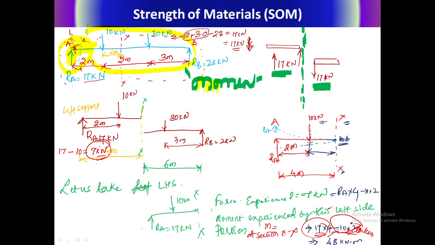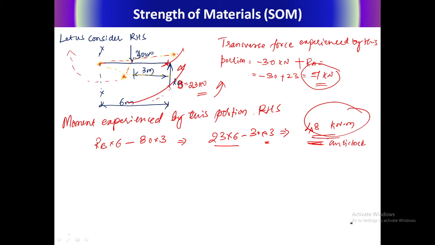Now the thing is that the section considered is subjected to the force 7 kilonewton, the same. Either you consider from left hand side or from right hand side, 7 kilonewton is the force. Are you agree here?